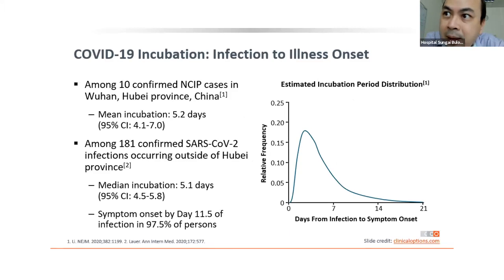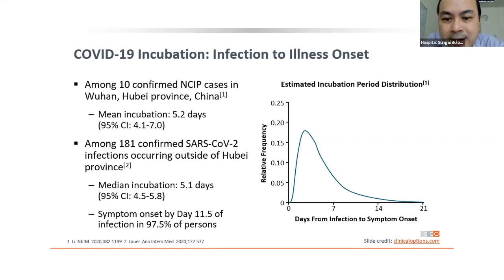So if today, Monday, I'm exposed to somebody who is COVID positive, by Friday or Saturday that's when my symptoms will start. It can start as early as Wednesday, which means 2 days from now, or day three after today. So anything from Wednesday onwards, it can already start.